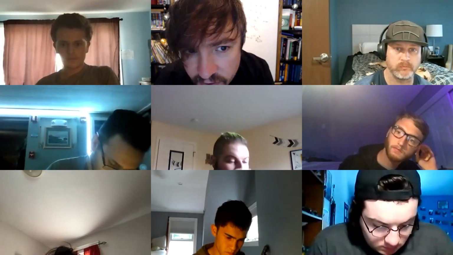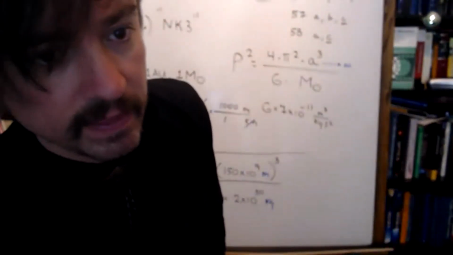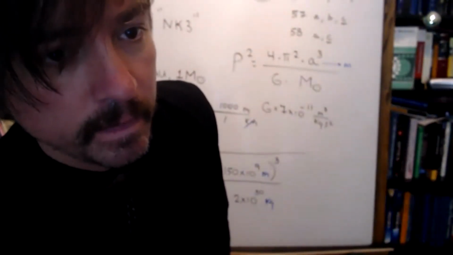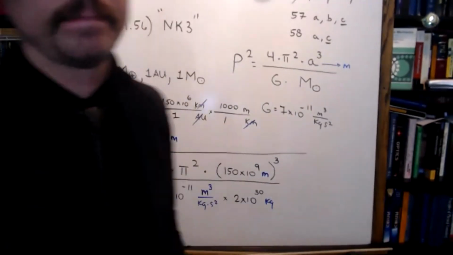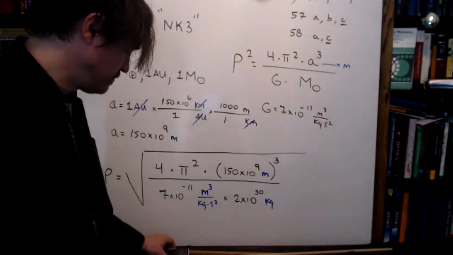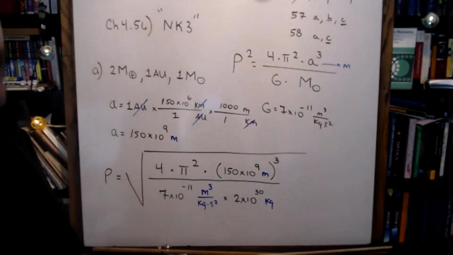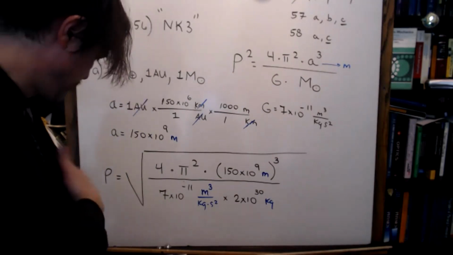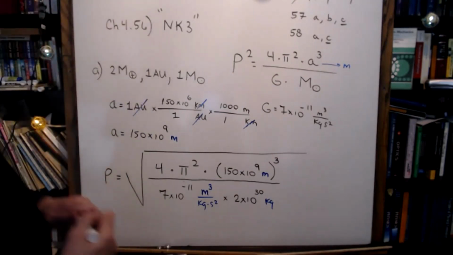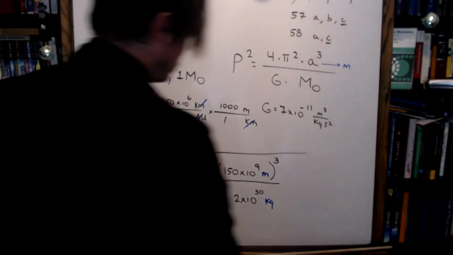How should we round our answer? Are we rounding it to just one number? We should keep at least 2 this time. Two sig figs.